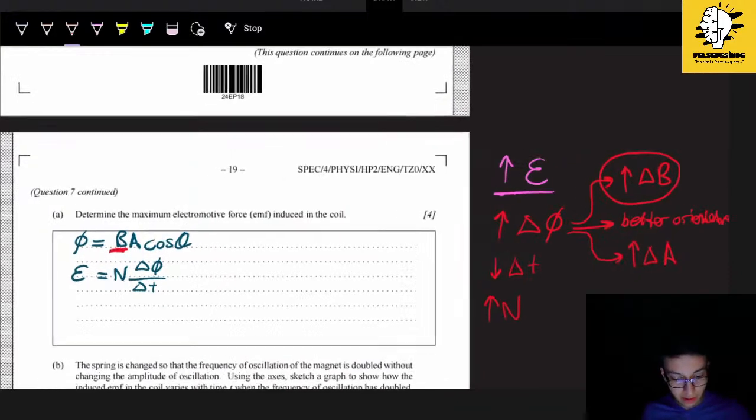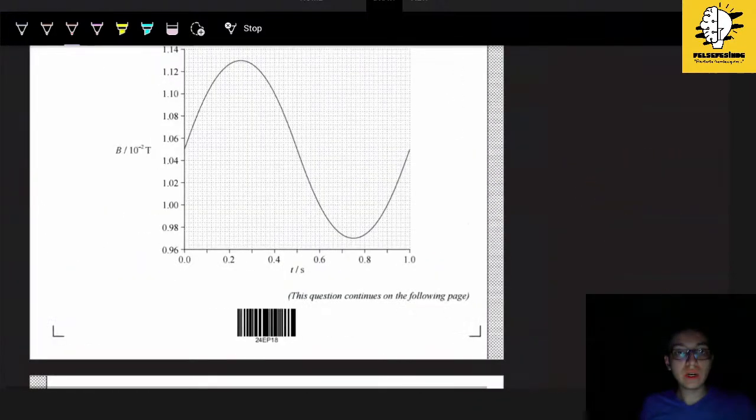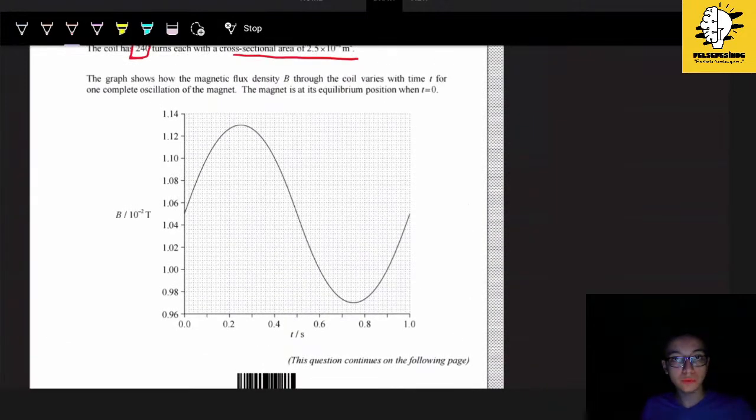Therefore, if we are looking for rate of change of magnetic flux density, right? Where is the highest change? It is at the point where the gradient is the highest, right? So in this graph, we will check to find the highest EMF, the highest gradient on this graph.